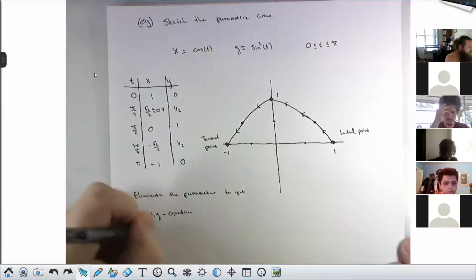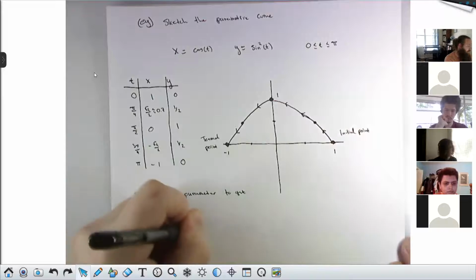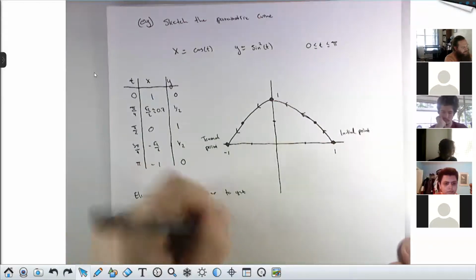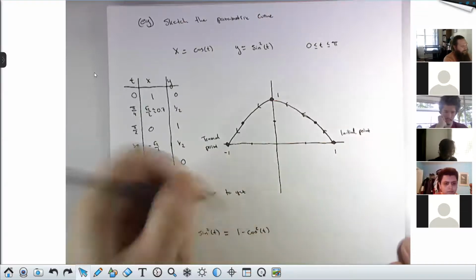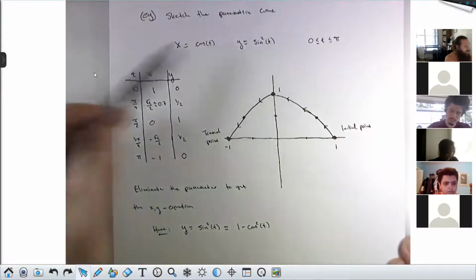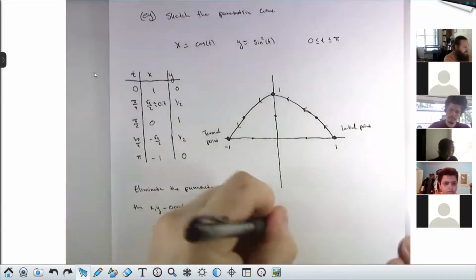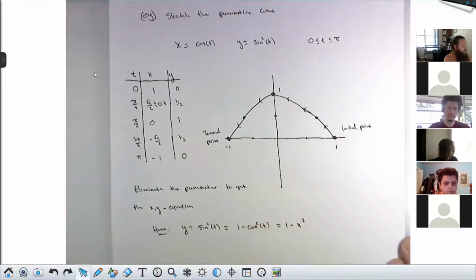So here, y is sine squared t, which by the first Pythagorean identity is the same as 1 minus cos squared t. And then we compare that to this guy and we go, well, cos t is x. So this is 1 minus x squared.